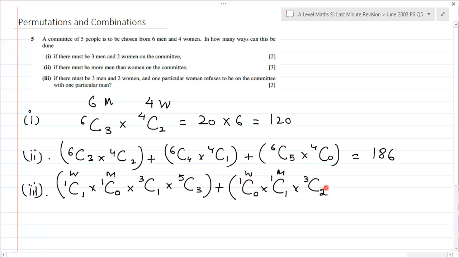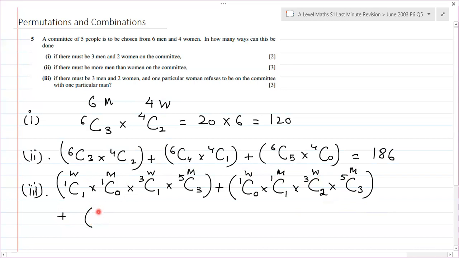So we can have 3C2 now into 5C2. So this is woman and this is men. Woman, men, yeah.